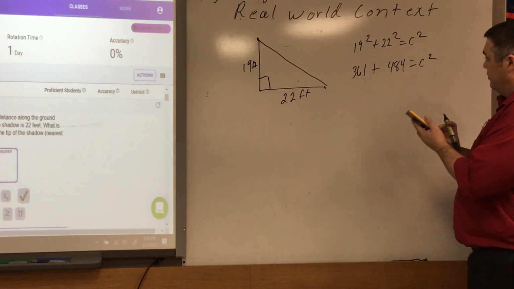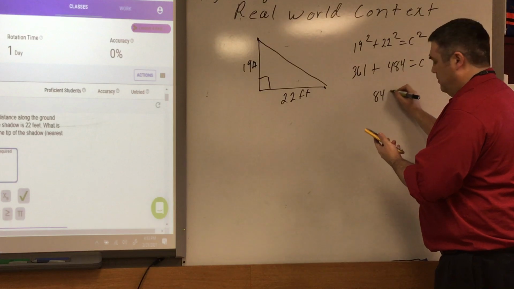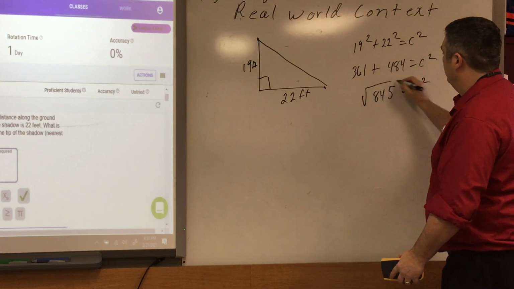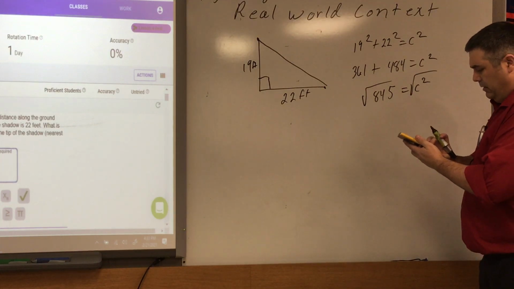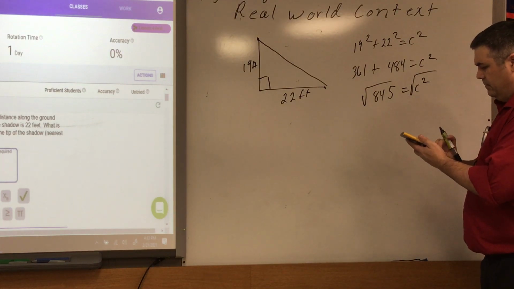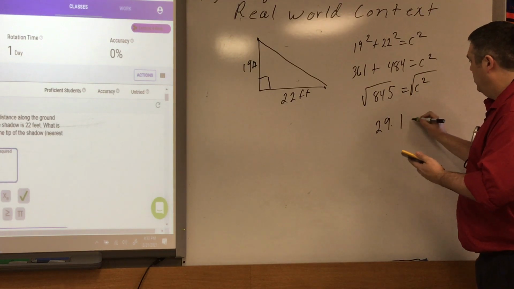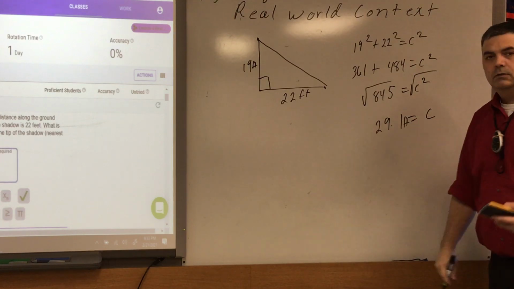Add those two together. Get 845 equals c squared. Take the square root of both. So you can take the square root of 845. 29.1 equals c, and this should be feet.